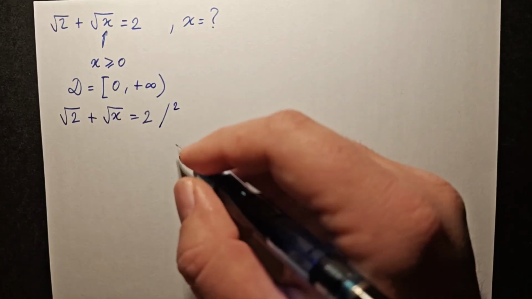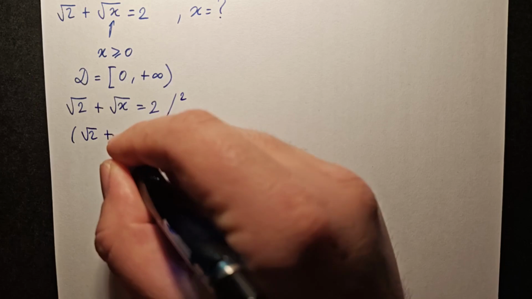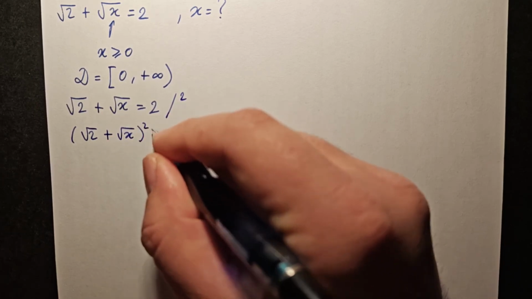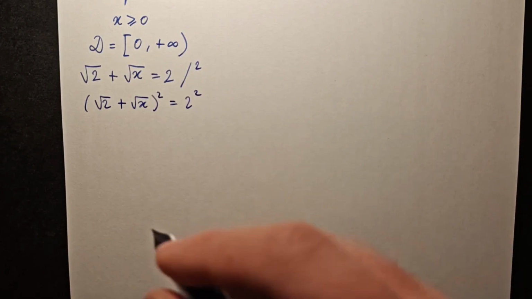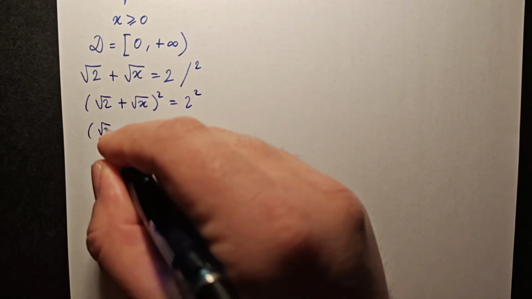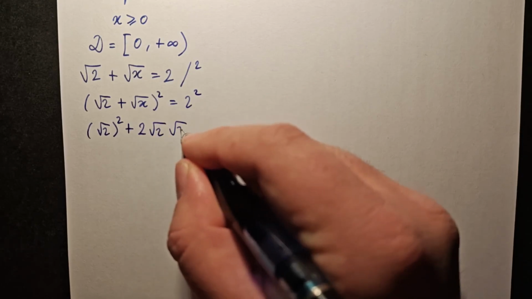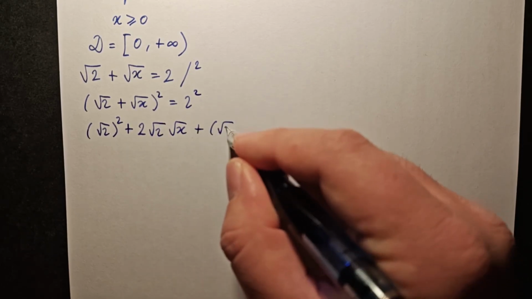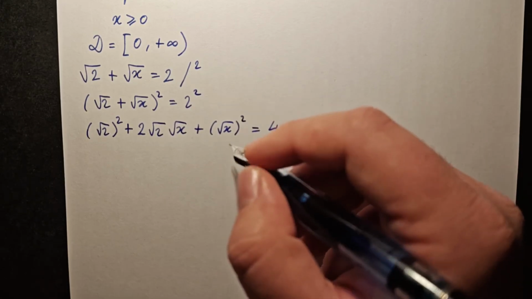So we are going to square this equation, and on the left side we have (square root of 2 plus the square root of x) squared is equal to 2 squared on the right side of the equation. So this is square root of 2 squared plus 2 square roots of 2 times square root of x plus the square root of x squared, and that is equal to 4.